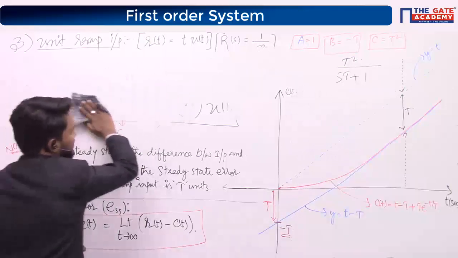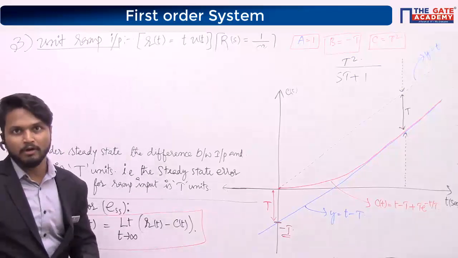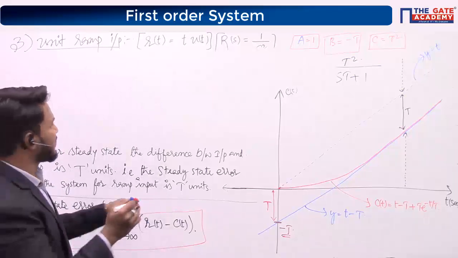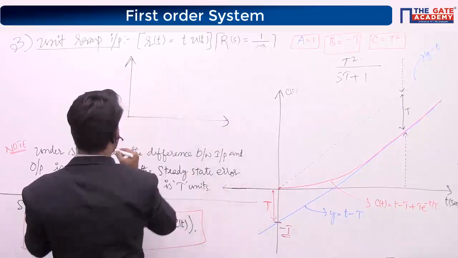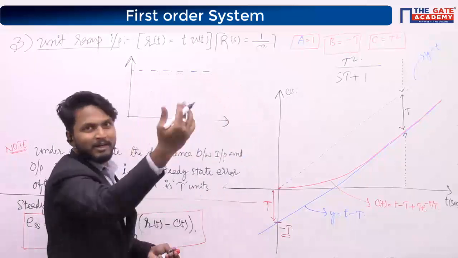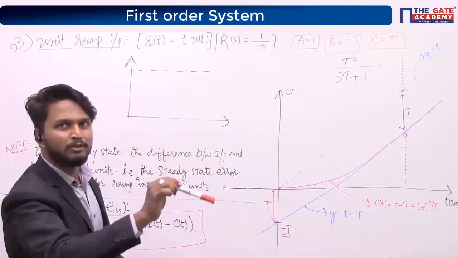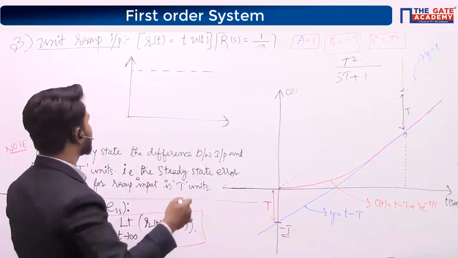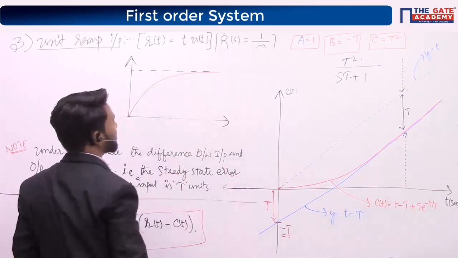In the previous case, in the case of a step response, right? What was the steady state error? Can you just say from the graph? You can calculate it mathematically, but if you can just look into the graph and say, then it is fine, right? So what is the steady state error?